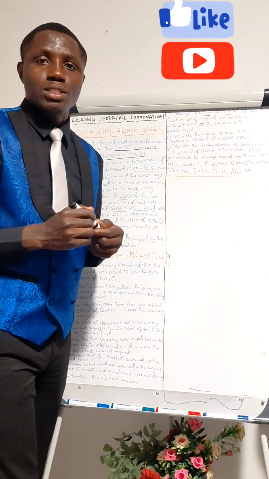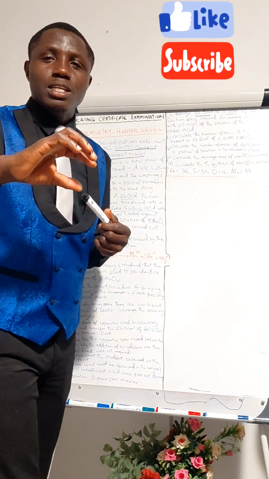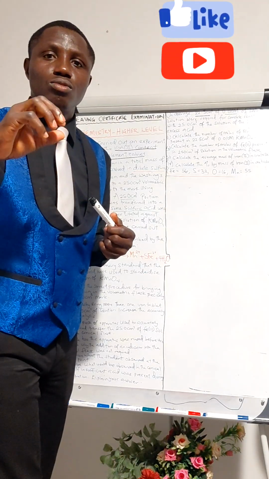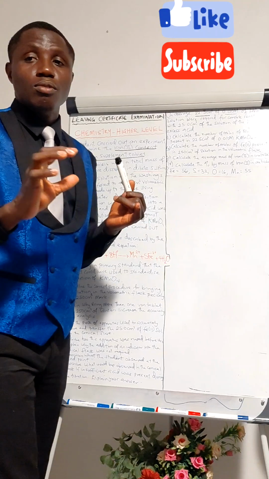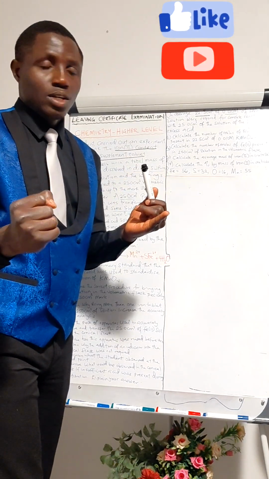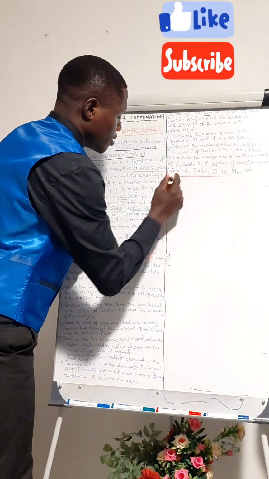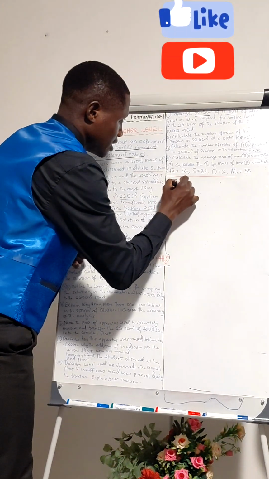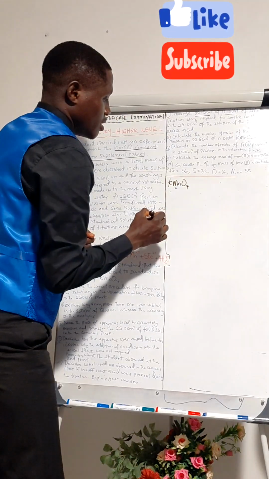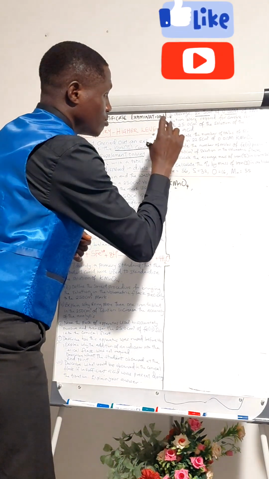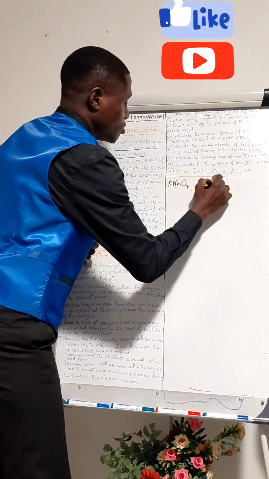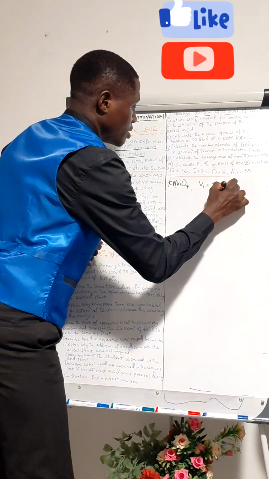Now, to determine the iron content in the tablet solution, 22.5 centimeter cube volume of standard KMnO4 was used. So for KMnO4, which is our standard, the volume that was used was V1 equal to 22.5 centimeter cube.